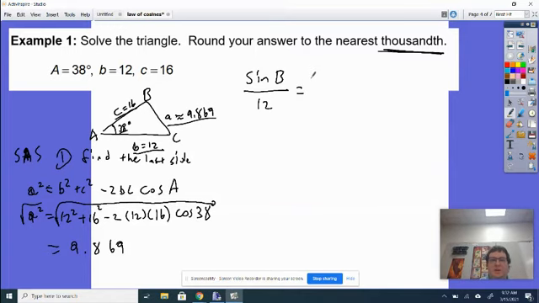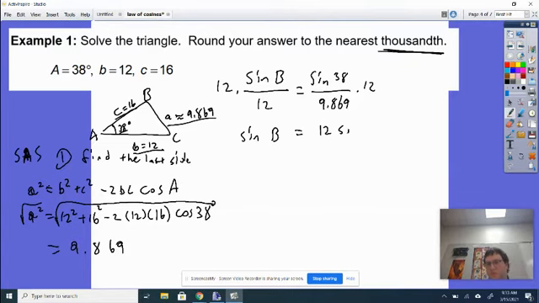And then the pair we're going to use is A, so sine of 38 over 9.869, and then just like we did last time, times 12. Sine of B is equal to 12 sine of 38 over 9.869. Then to get rid of sine, just like last time, we're going to inverse sine both sides.